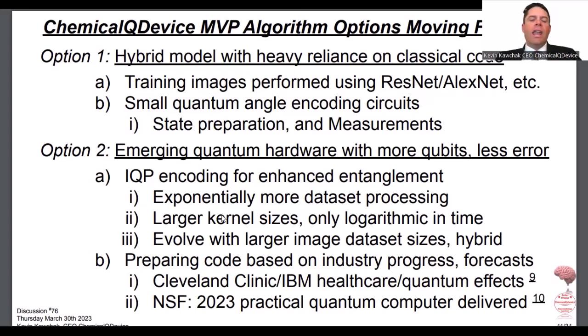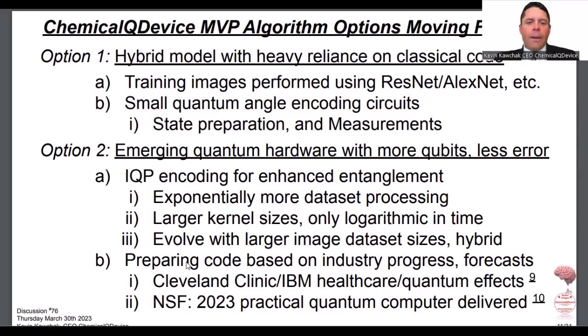And I've come across other presentations with this, and larger kernel sizes are preferable, but if you do that classically, the bare mathematics of it, you're exponentially increasing in time. Whereas with quantum, it's logarithmic, similar to Shor's algorithm, that kind of theory.